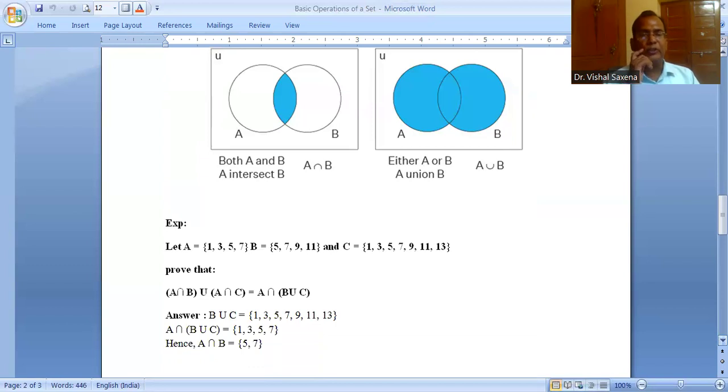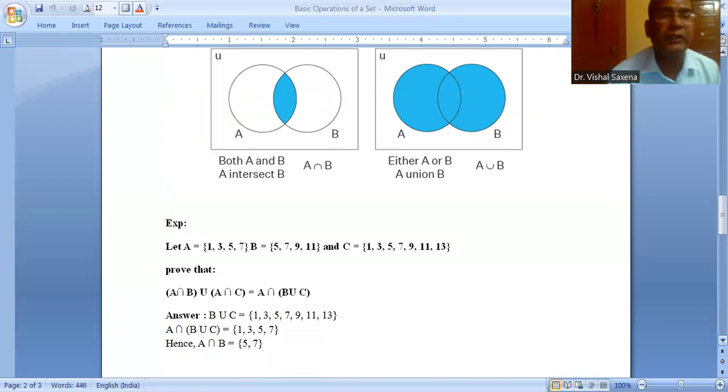Just these operations. Let the set A be given by 1, 3, 5, 7, and set B is 5, 7, 9, 11. C is one more set, given as 1, 3, 5, 7, 9, 11, and 13.